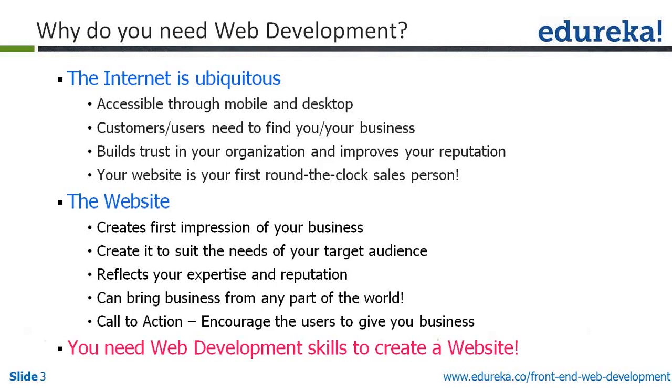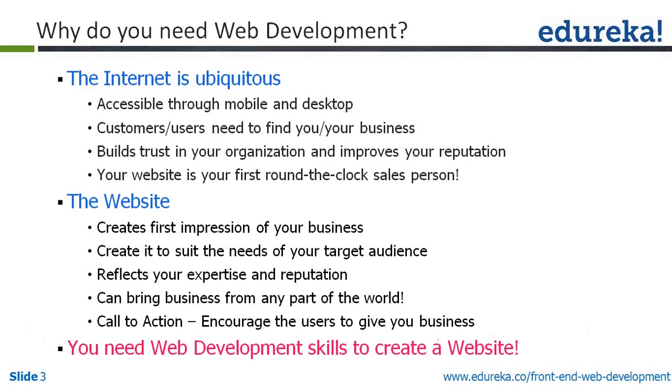As you know, internet nowadays is ubiquitous. So any user can access the internet using a mobile device. It could be a smartphone, or it could be tablet, or through a desktop. So if a user or a customer needs to find you or your business, the first and foremost mechanism through which they discover you is nowadays internet.